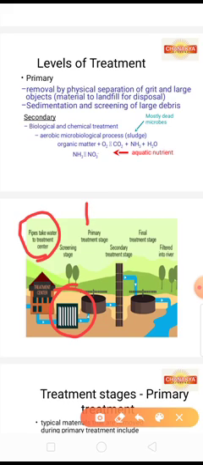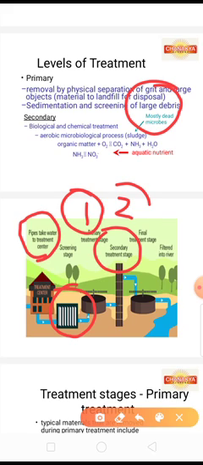From there it goes to the first step, the primary treatment stage, where the large debris is removed. Then it goes to the secondary treatment stage, where we treat that water biologically and chemically. Then we store that water in the final treatment stage, and after that, as you can see, we release that water into rivers.